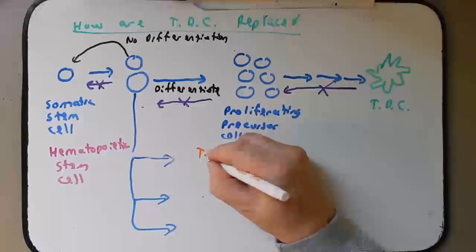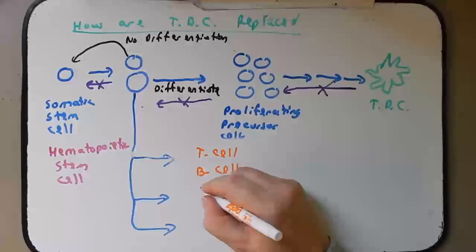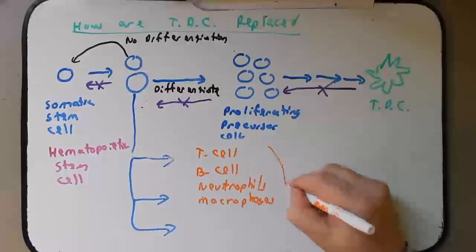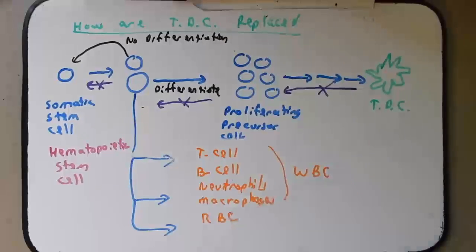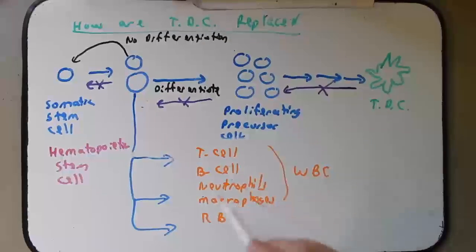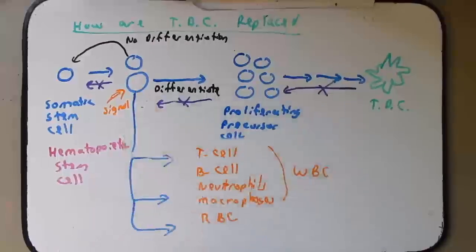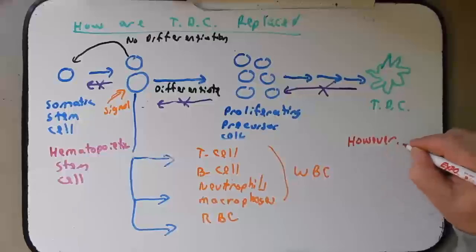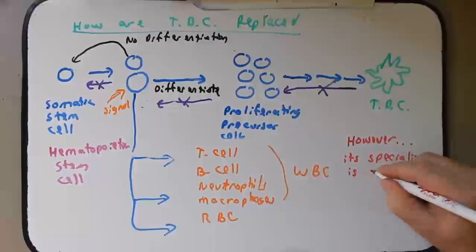It could become a T cell, a B cell, neutrophils, macrophages, and other kinds of white blood cells. It could also become a red blood cell. Which one it becomes is all dependent upon what signal this somatic stem cell receives before it differentiates. However, its specialization is limited.